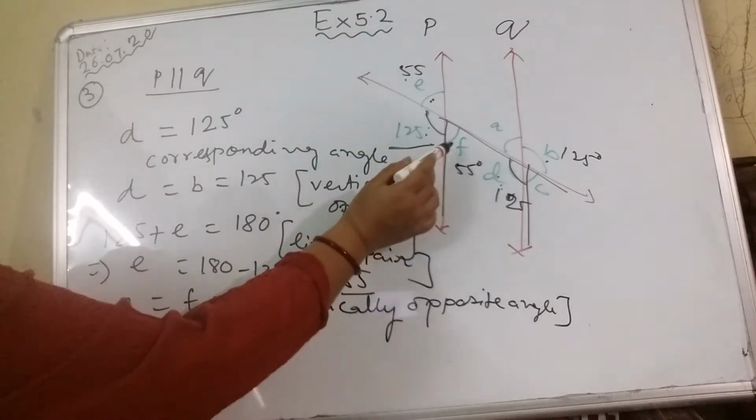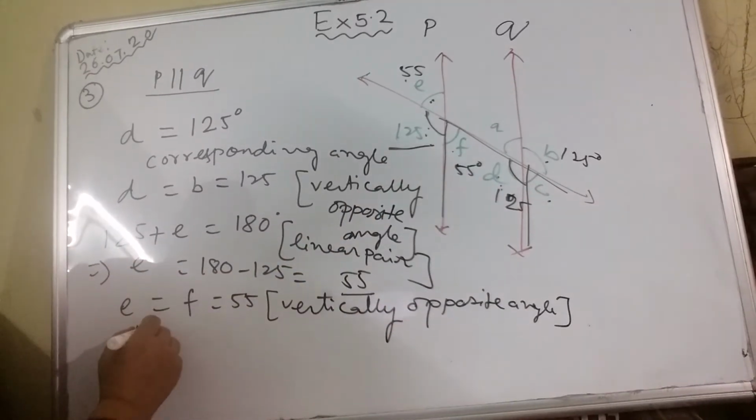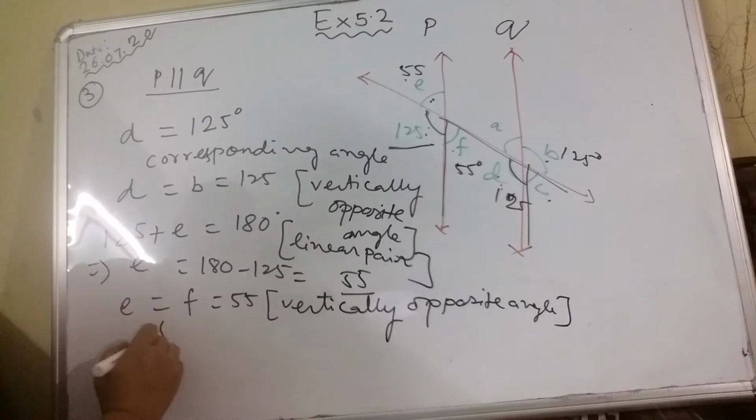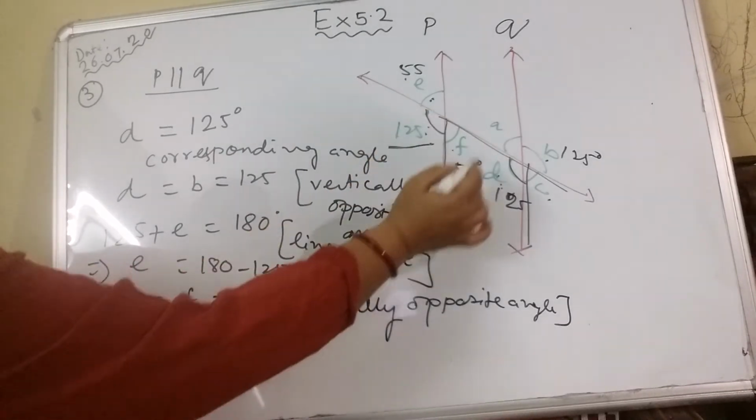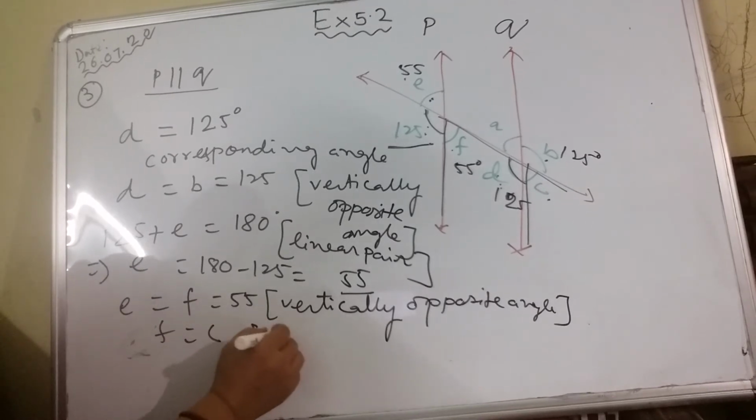Okay, and this angle F and angle C are equal because again they are corresponding angles.